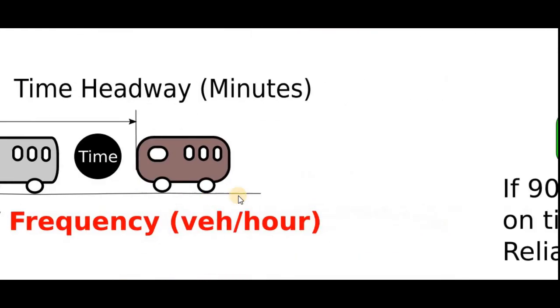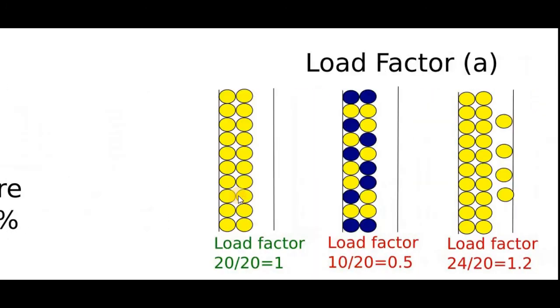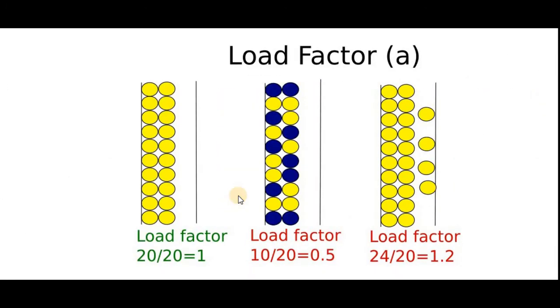Now let's go to the fifth point, which is load factor. Let's just imagine that this is a bus and these are all the seats. All the seats that are colored yellow mean someone is occupying them. And all the seats that are blue mean they are empty. So for our first case, we have a total of 20 seats here and all of them are packed, 100%.